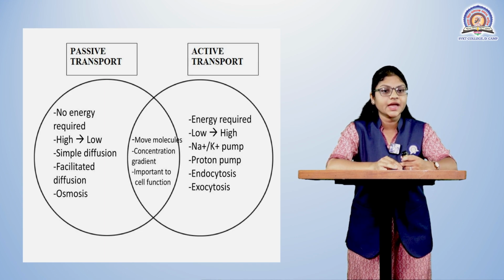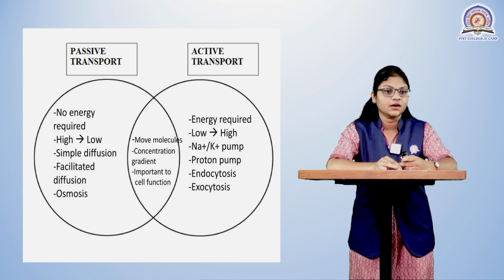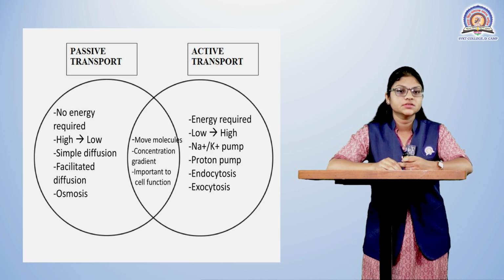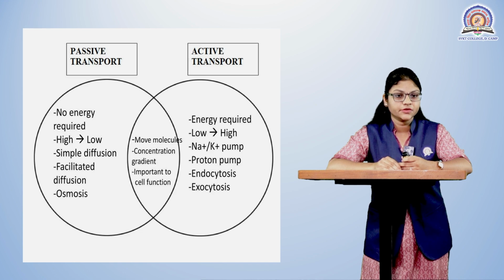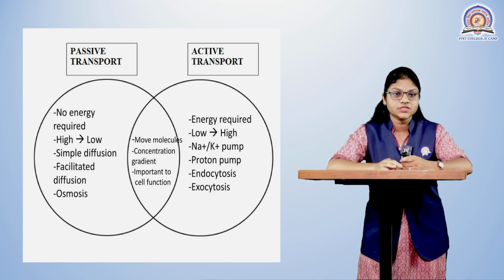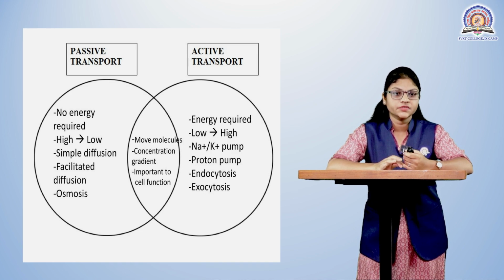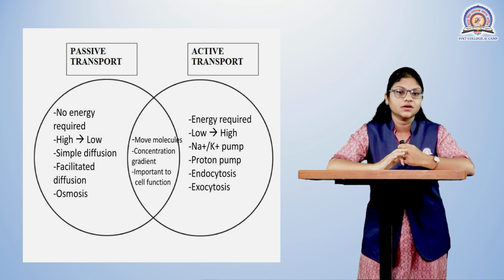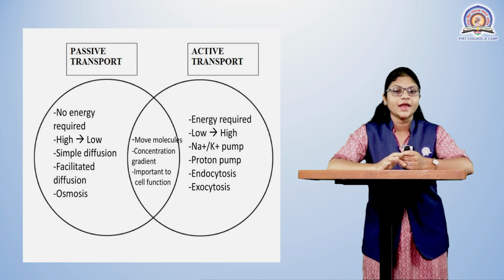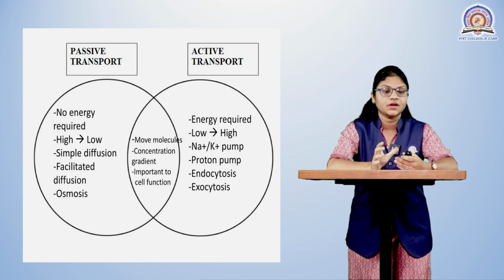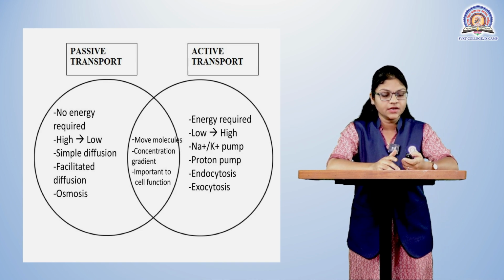The types of passive transportation are simple diffusion, facilitated diffusion and osmosis. Here we studied the sodium potassium pump, proton pump, endocytosis and exocytosis. There are some similar points in both, like both involve movement of molecules along the concentration gradient, and both are important to cell functions.